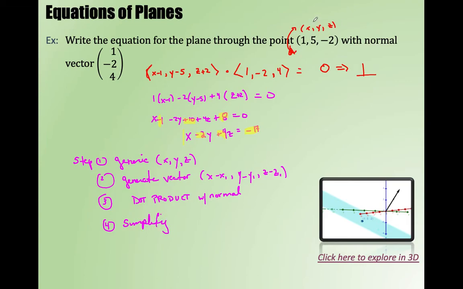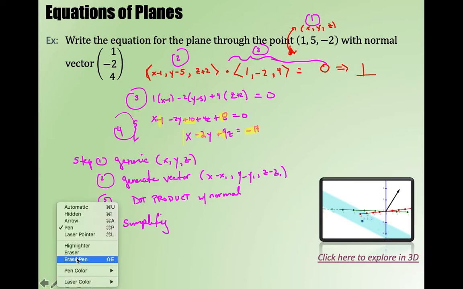Right? So here was step 1. Here was step 2. Well, I guess really all the way over to here was step 3. Right? And this is also step 3 when I actually wrote out the dot product. And then here was step 4 where I cleaned it up.